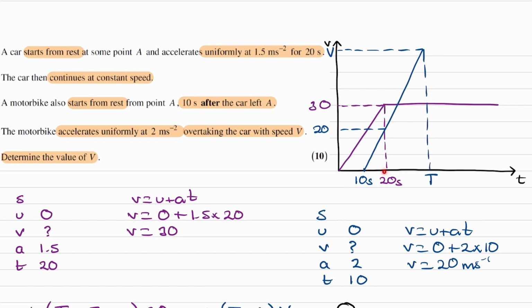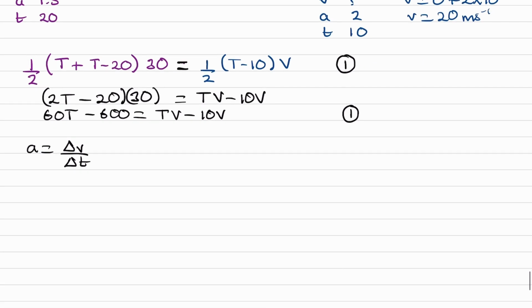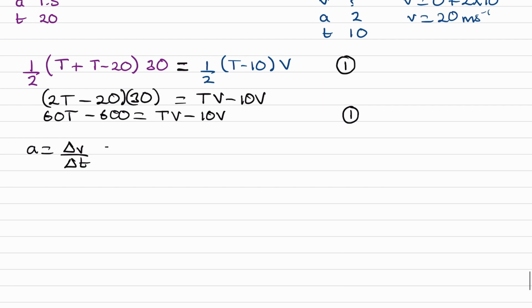And this occurs over a time of t minus 10. So then the acceleration will be, change in speed will be v, change in time will be t minus 10. Acceleration is 2, so this equation becomes v is equal to, bring the t minus 10 to the right, 2t minus 20, so I'll call that equation 2. So we have two equations now involving t and v, this one and this one.